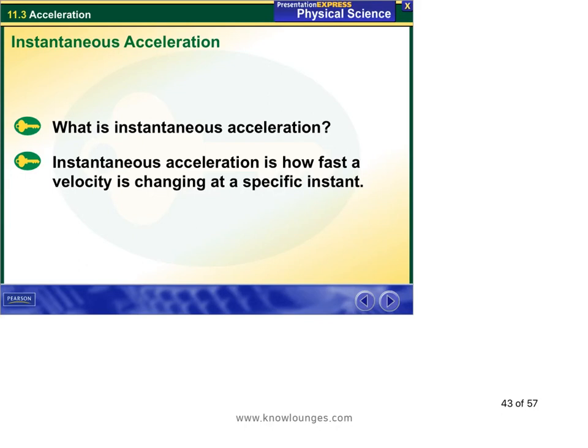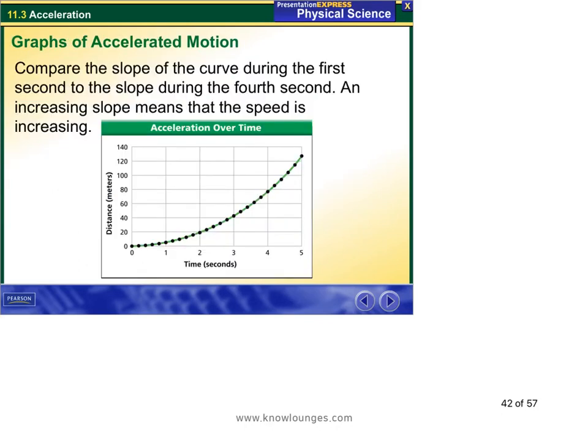If that line happened to curve more like this, that's going to be a negative acceleration, negative A value, because it's slowing down.